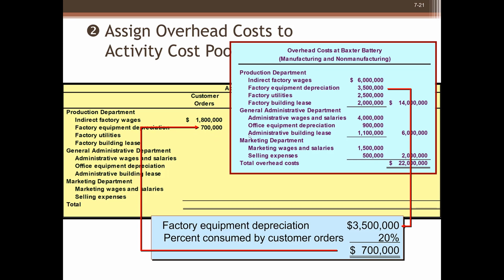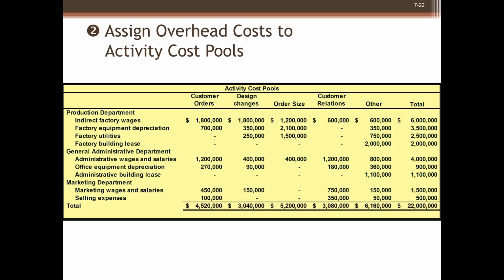And we can calculate for each category of overhead, assign their costs to individual cost pools, and complete this table here. For each activity cost pool, we can get assigned overhead cost. If we add up together, total overhead costs, which should be allocated to activity cost pools, is $22 million.